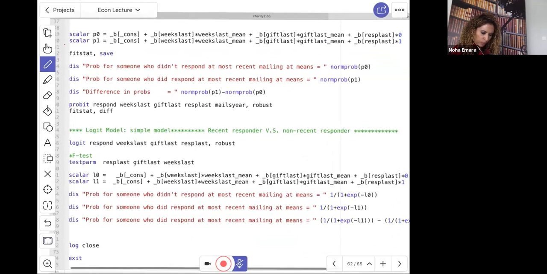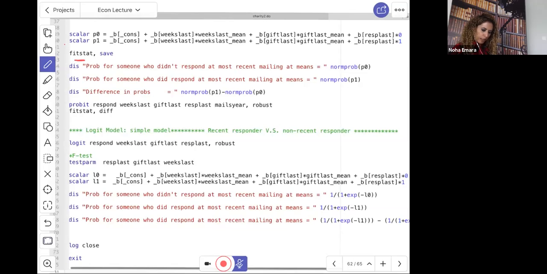Before I go to the logit, the fitstat command would compute all the measures of fit for you. It'll give you the count R square, the McFadden's R square, the adjusted McFadden's R square, the likelihood ratio test, and so on.